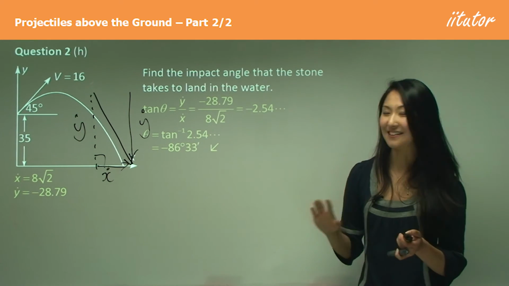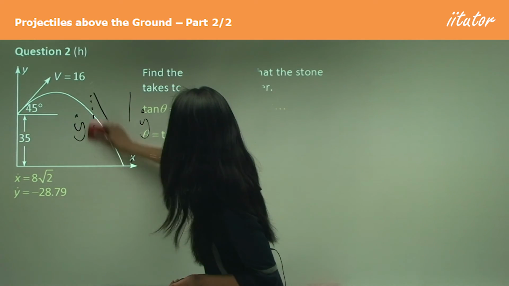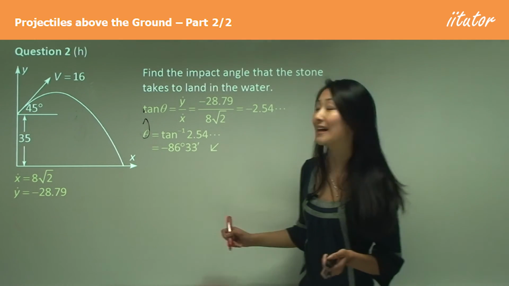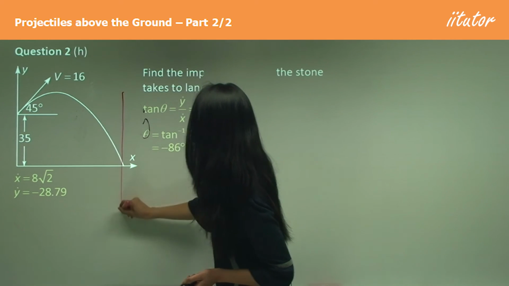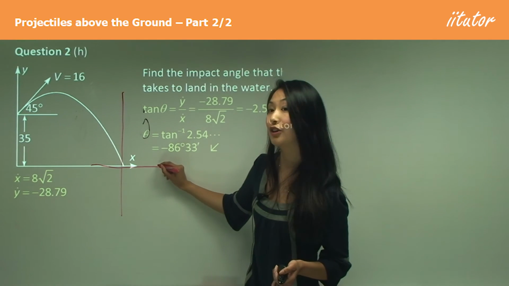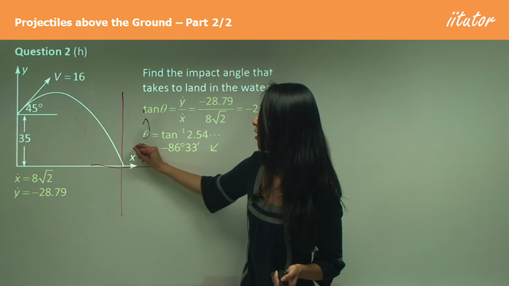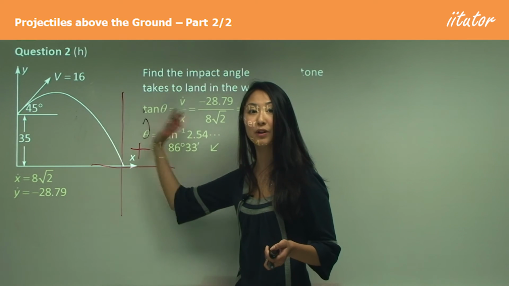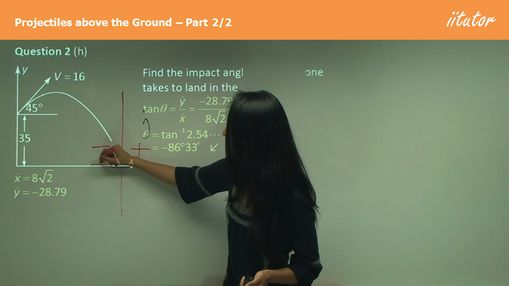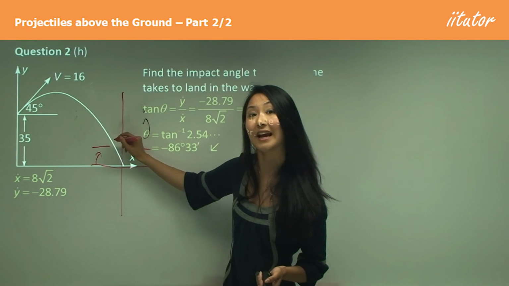Now, negative is an interesting concept here because what I need you to think about is that there is a line here, okay? And anything that goes from here is positive. So this is your positive angle over here, whereas this over here is your negative angle. So anything going from there is your negative angle.